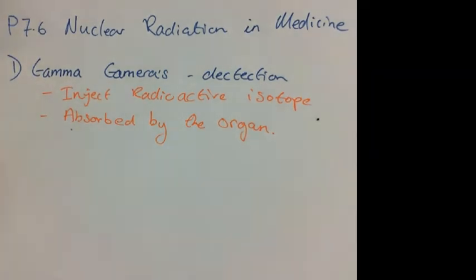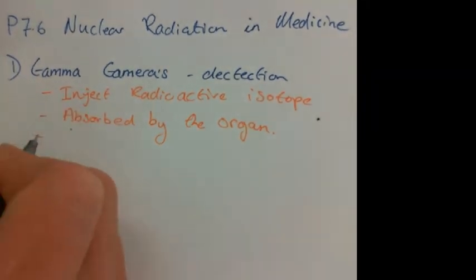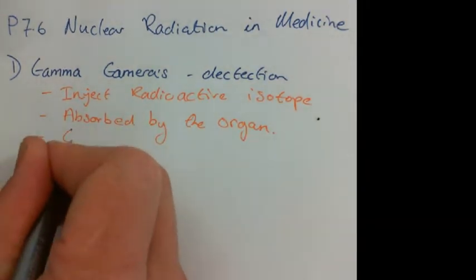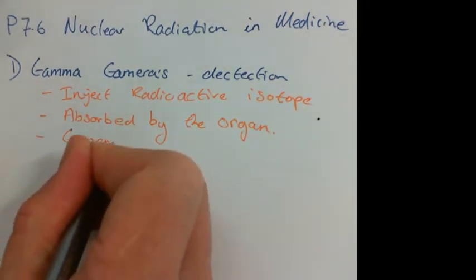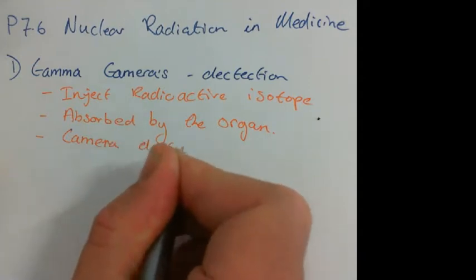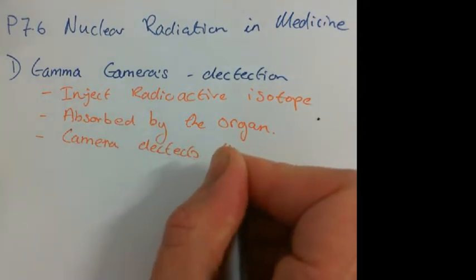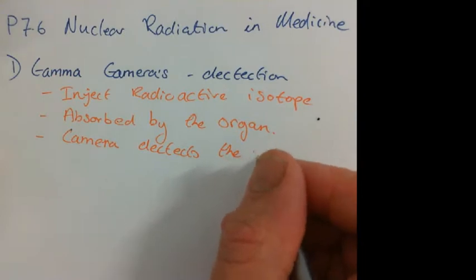So if it's the kidneys, then the kidneys; if it's the liver, then the liver. Okay, and then what will happen is the camera detects the emissions.